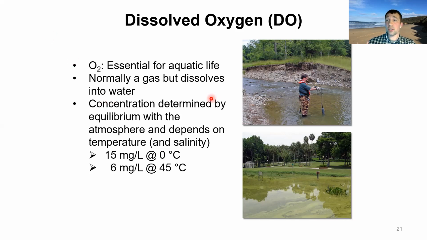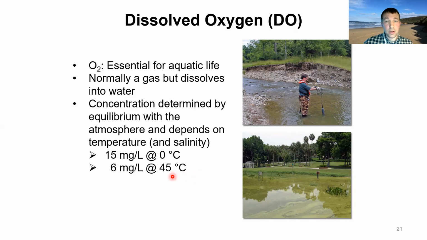How much oxygen is present in the water is determined by a few things. The first is temperature. The temperature of the water controls the equilibrium concentration of oxygen that will be present. Under cold or cool conditions, you can have relatively high concentrations of O2, so 15 milligrams of O2 per liter.